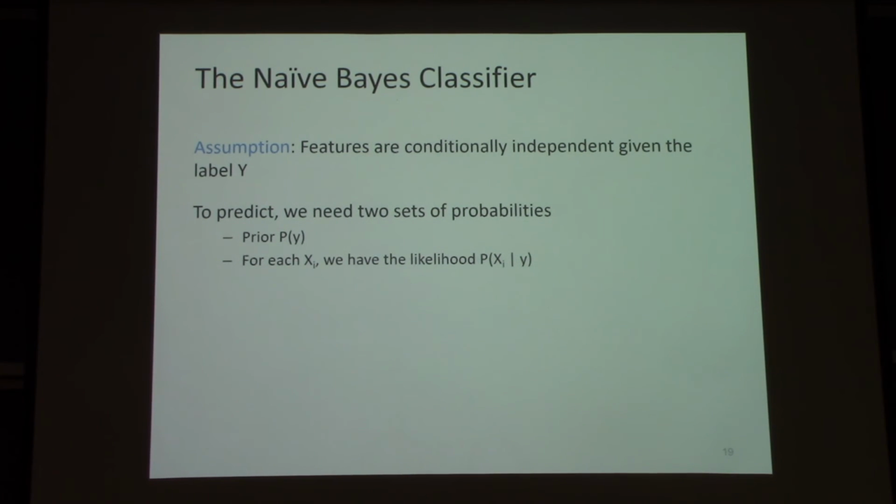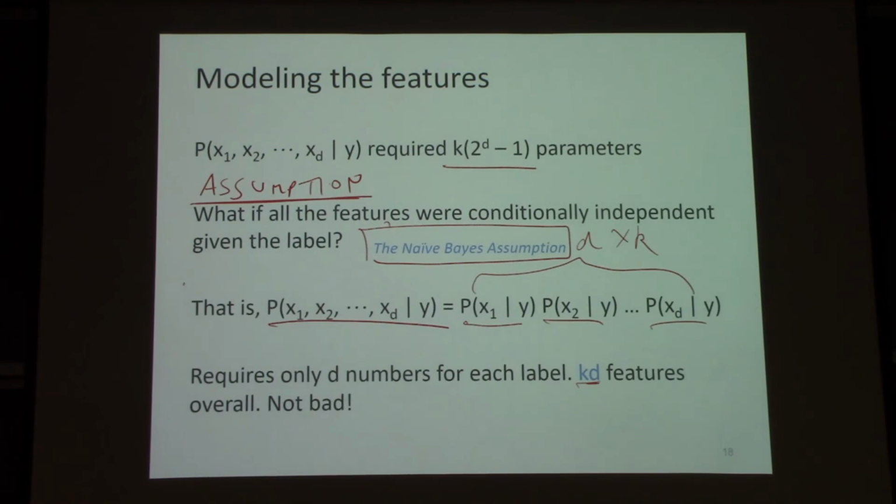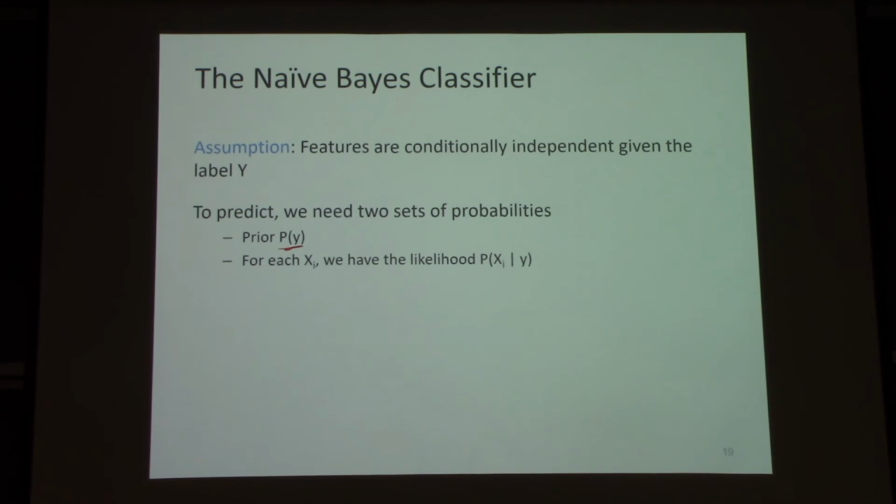So in order to predict, earlier, remember, all we needed was the prior, which was P of y, and we needed the likelihood function of x1 and so on.